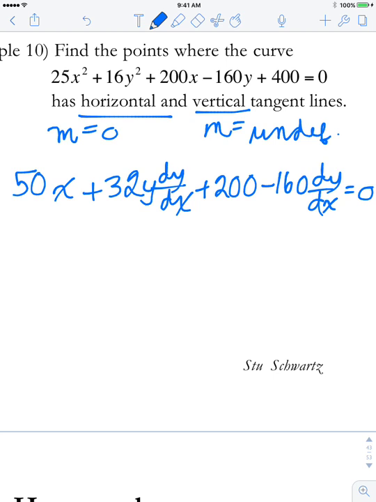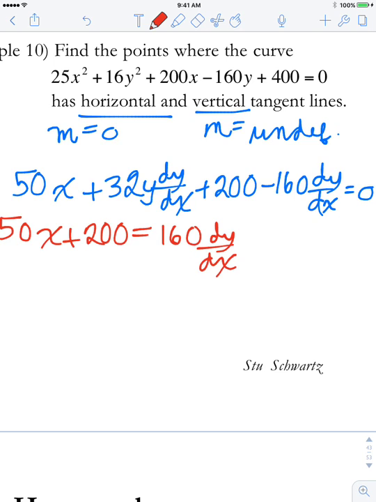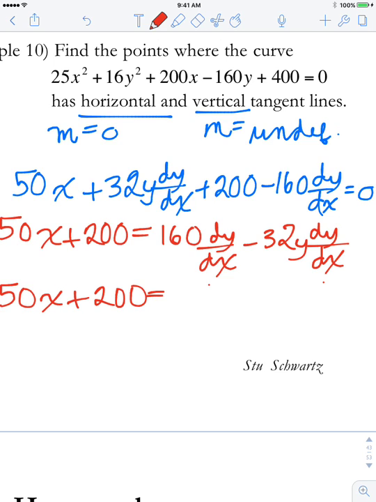Okay, so again, let's get dy dx all to one side. So let's see, 50x plus 200 equals 160 dy dx, and I think you can already predict what I'm going to do on the other side, minus 32y dy dx. And yes, I'm going to factor out a dy dx, so 50x plus 200 equals 160 minus 32y times dy dx.